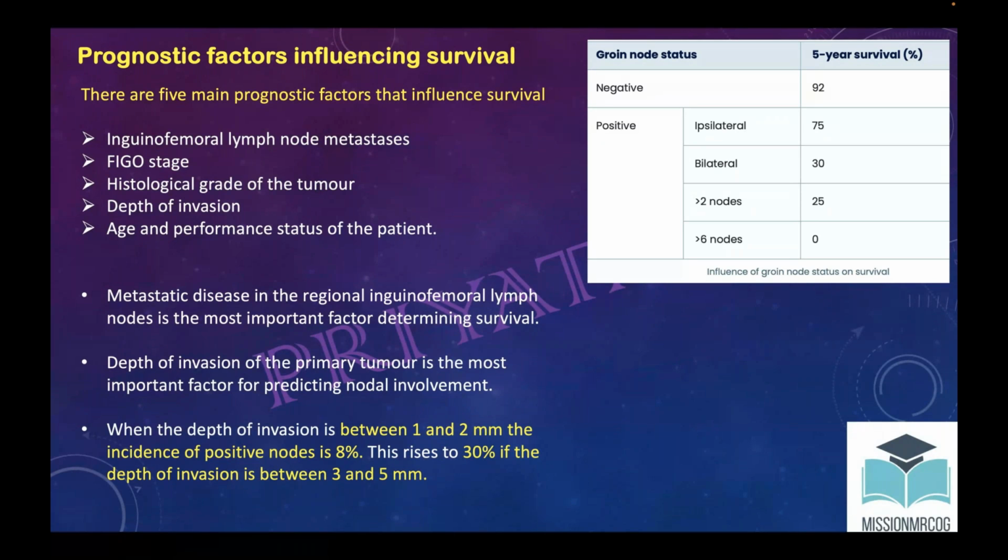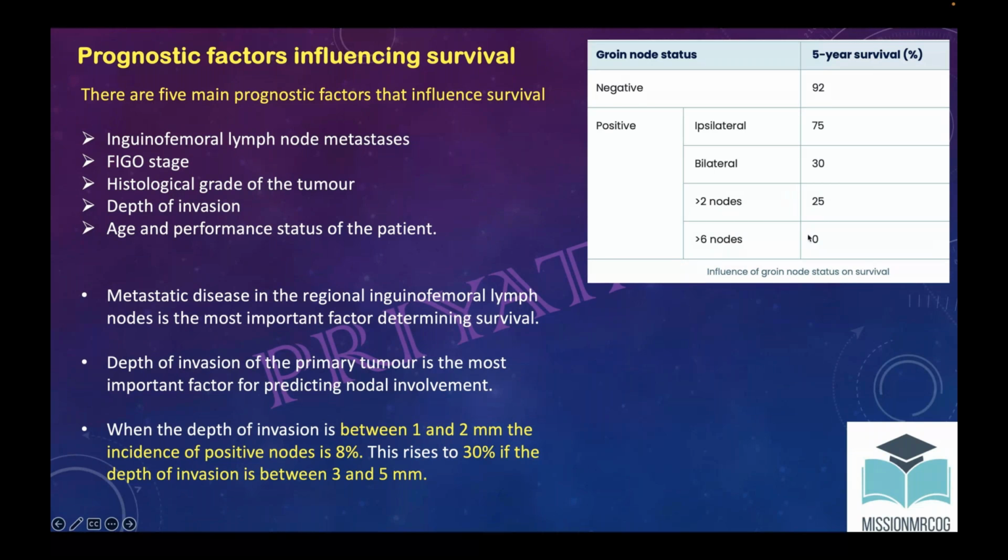But the most important factor is metastatic disease in the regional nodes, that is the inguinofemoral lymph nodes. If the nodes are not involved, then the survival is 92%.